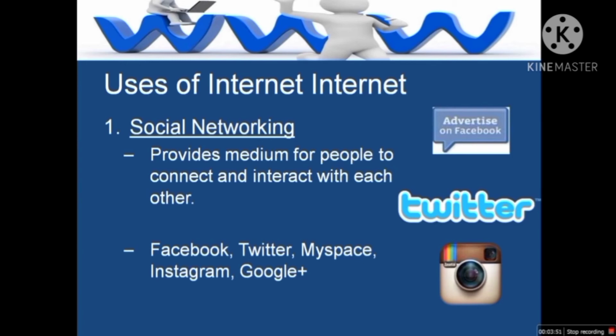A number of social networking sites are available like Facebook, Instagram, Twitter, MySpace, Google Plus, through which you are connected with your relatives or loved ones, and you can share your thoughts, views, photographs, images and videos also. So this is an area where the internet is mainly used.